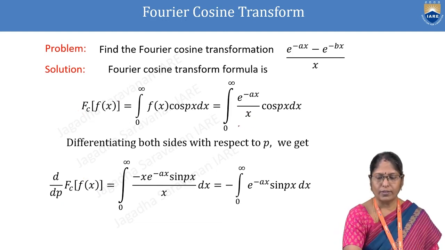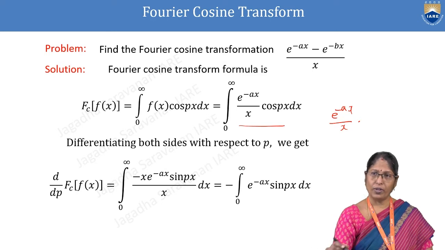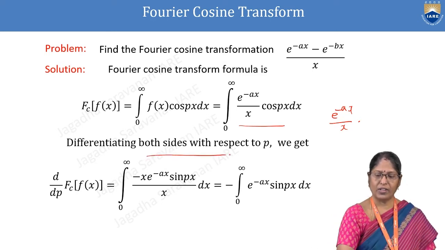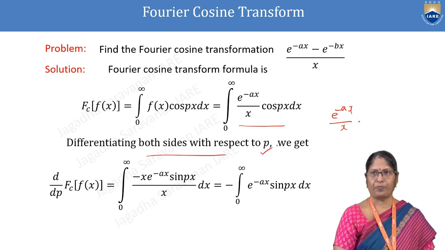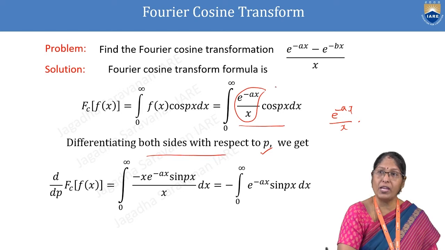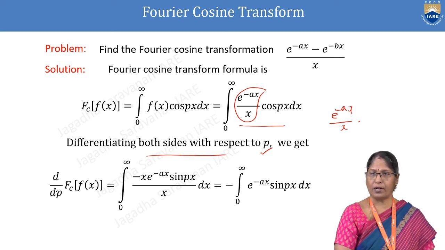Now, this is there, e power minus ax by x. Because we are doing the differentiation with respect to p, in this part there is no p term at all, so we are not touching that part.